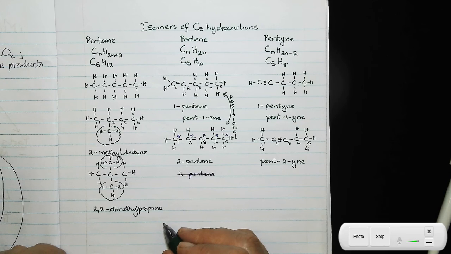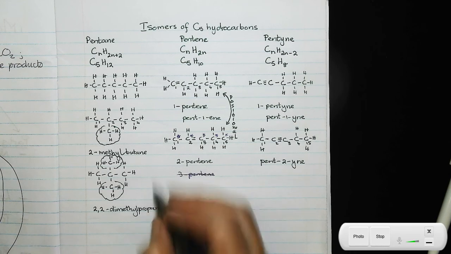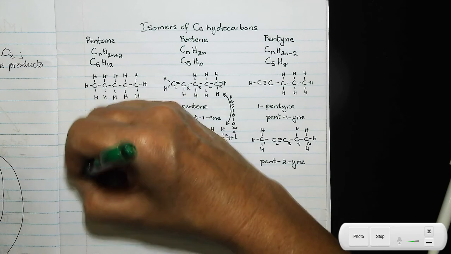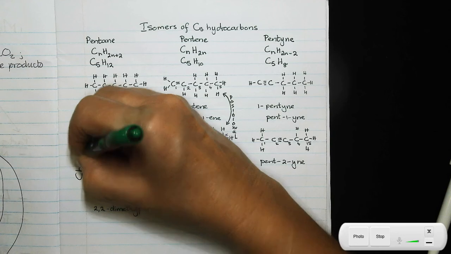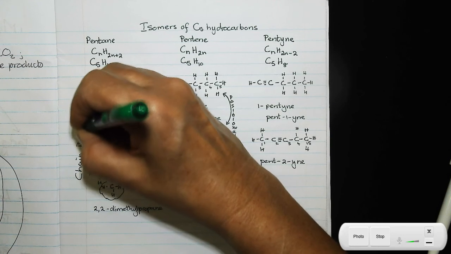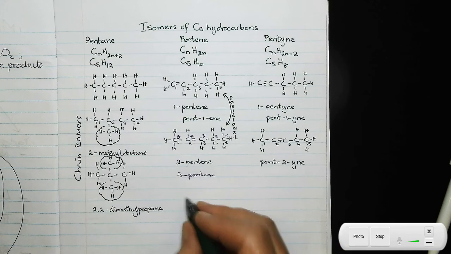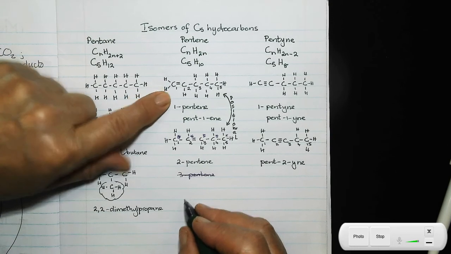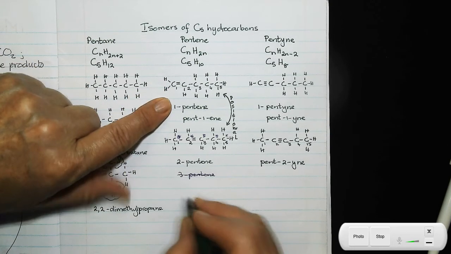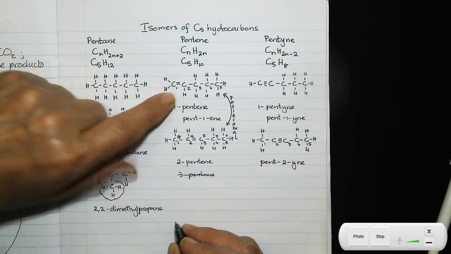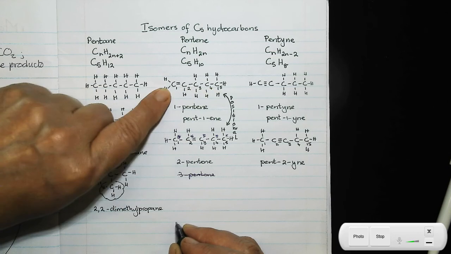So there we have 3 chain isomers. These are chain isomers of pentane.